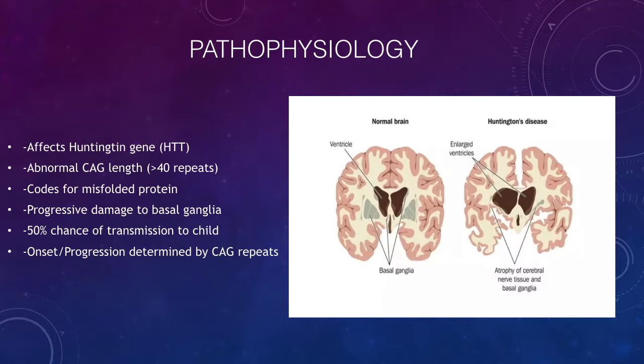And also, on top of this, the higher the number of repeats someone has, the higher the likelihood of mutation during DNA replication.